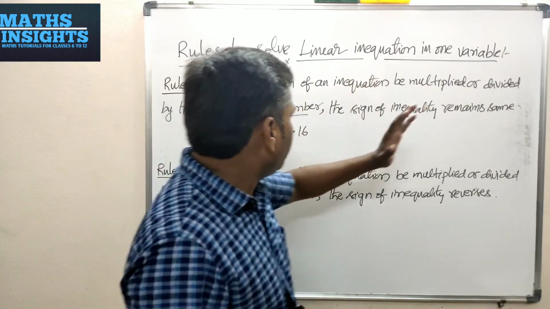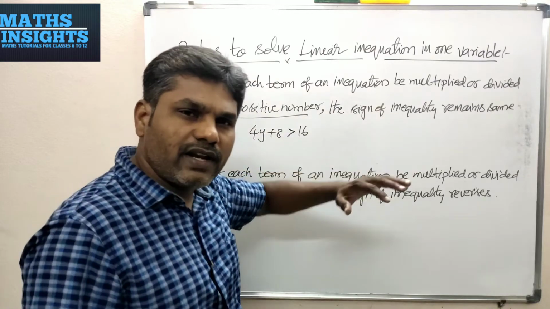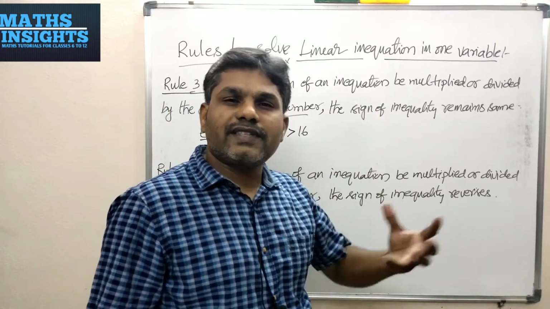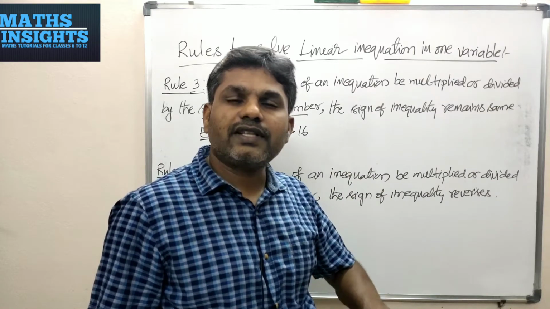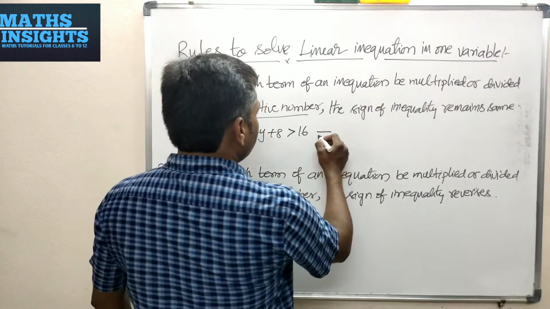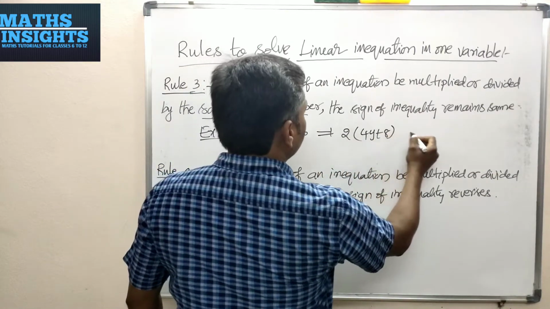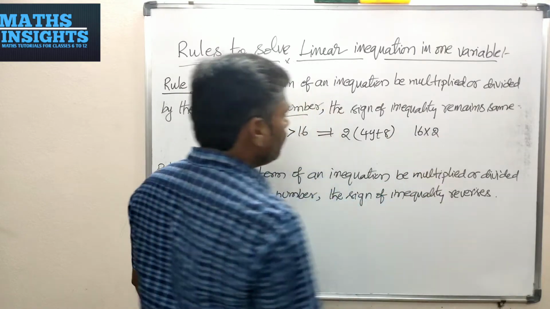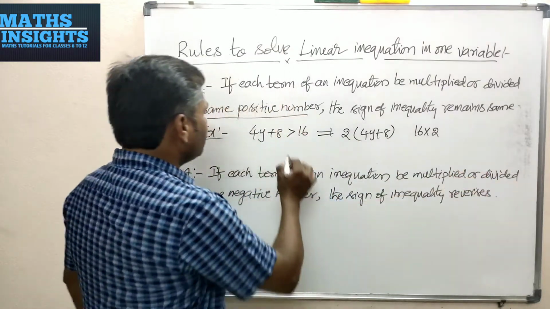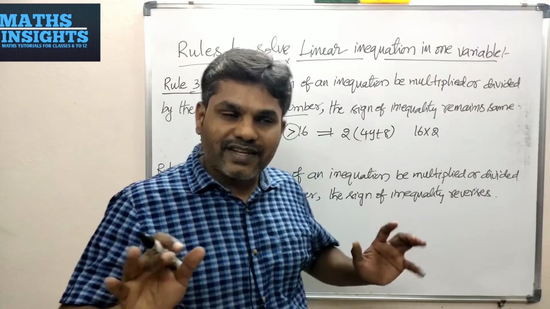If you multiply both sides of an inequality by the same positive number, or divide both sides by the same positive number, the sign of inequality will remain the same. That means if you multiply with 2, 4y plus 8, 16 into 2, on both sides I am multiplying with positive 2. Therefore this sign of inequality will remain the same, it is unchanged.